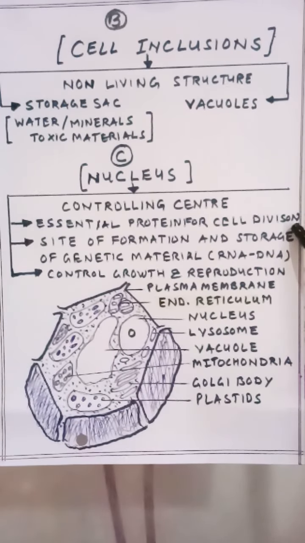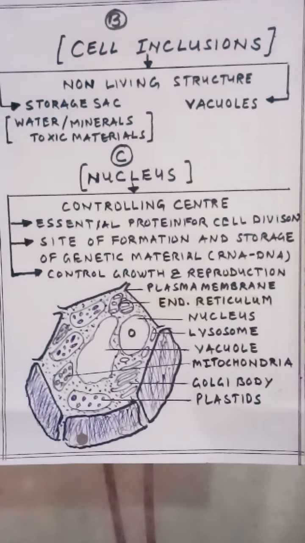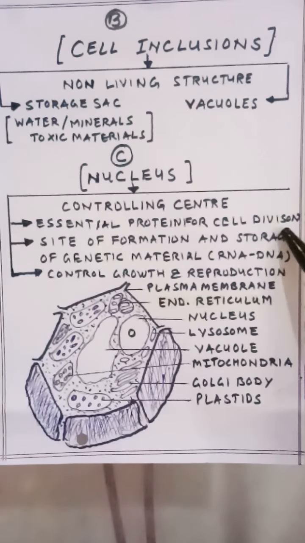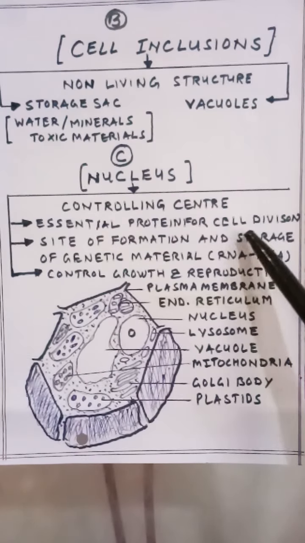Cell division is related to reproduction. What is cell division? Cell division is the process of formation of a new cell from a pre-existing cell, and the information, as we discussed regarding heredity earlier, is the transmission of characters from the parent to the young one. So this cell division takes place.